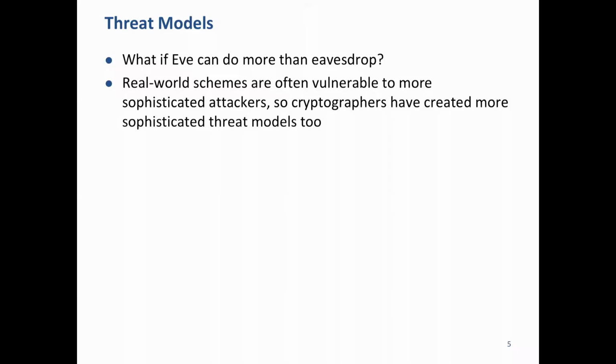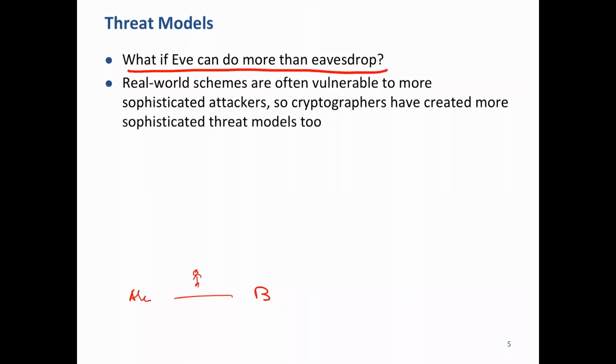Right now the threat model assumes that Eve can only do Eve's job. She can just read the message that's being sent from Alice to Bob.